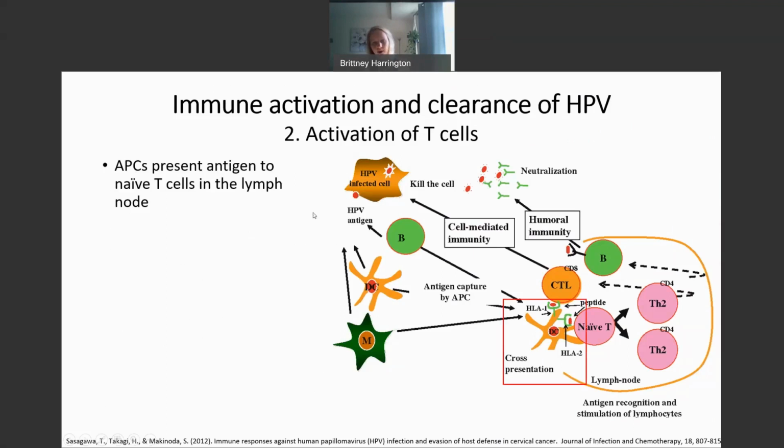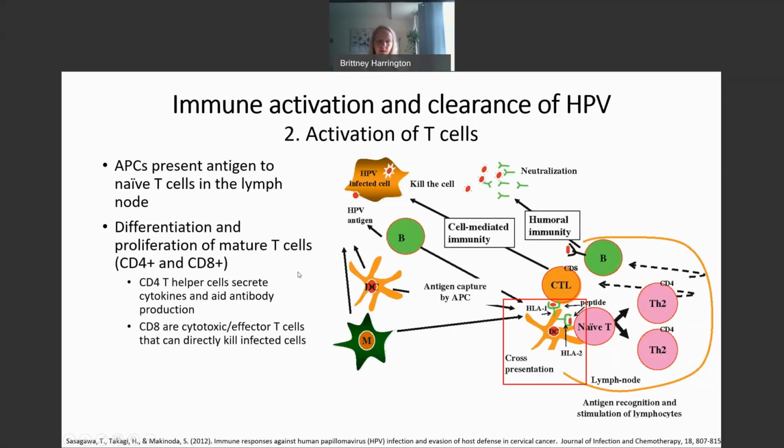This diagram's a little messy, but I'm going to highlight each part as best I can. So here is a dendritic cell in this case presenting antigen. Antigen's the little red peptide being presented to this naive T cell in the lymph node. So upon antigen recognition, the T cells will proliferate and become activated or mature into both CD4, the T helper cells, and CD8, the effector T cells, the cytotoxic killer T cells.